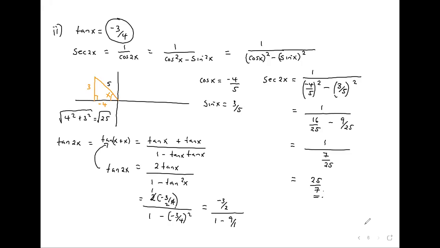So it will disappear by the square, and so you get negative 3 over 2, everything over 16 minus 9. So we have negative 3 over 2 multiplied by 16 over 7. So this guy here 1, that guy there 8. So we get negative 24 over 7 as the value of tan 2x.